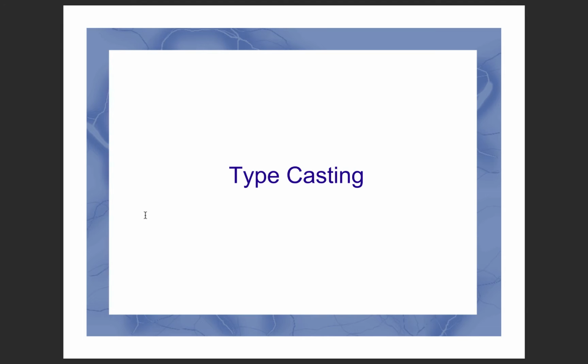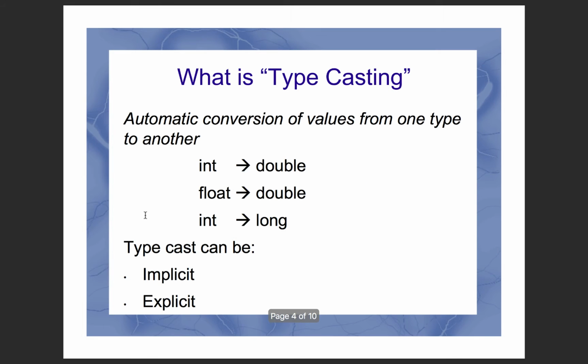Typecasting is another concept: how to convert one type of information to another type of information. In our compiler we have some automatic conversion systems. For example, if we want to deal with an integer value with a double value, then the integer value will be converted to double. If you want to deal with a float with a double value, then the float will be converted to double, and similarly an integer will be converted to long.